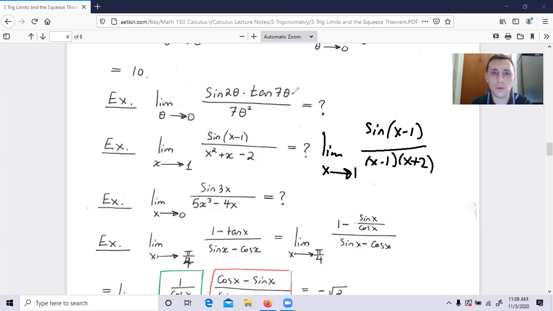And so x goes to 1 means that this part will approach 1 and the remaining part will approach 3. So the answer is simply 1/3. Good.